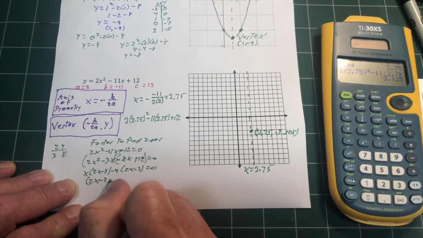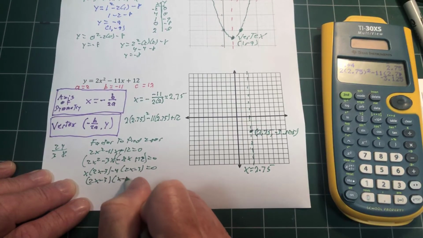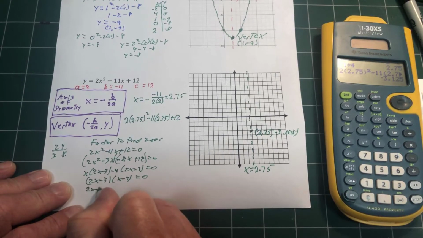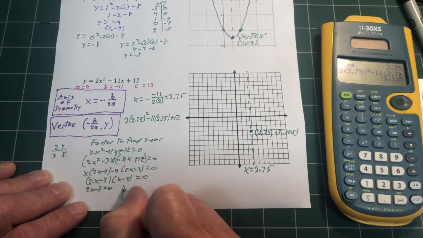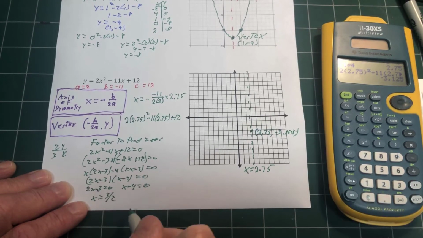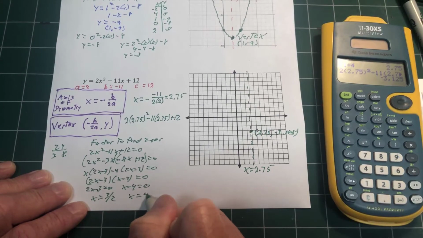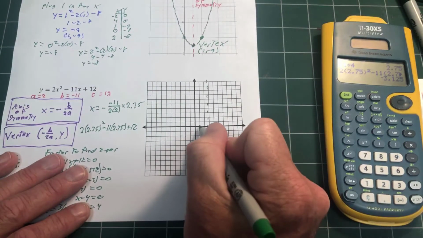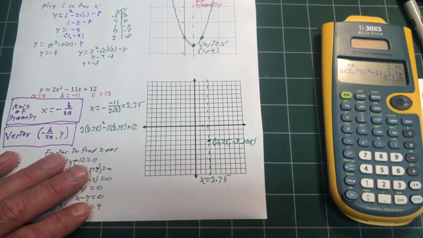And I'll set each equal to 0. So add 3, divide by 2, x equals 3 over 2. Add 4, x equals 4. These are my zeros. 3 over 2, that's 1.5, right there. And 4, 1, 2, 3, 4, right there.